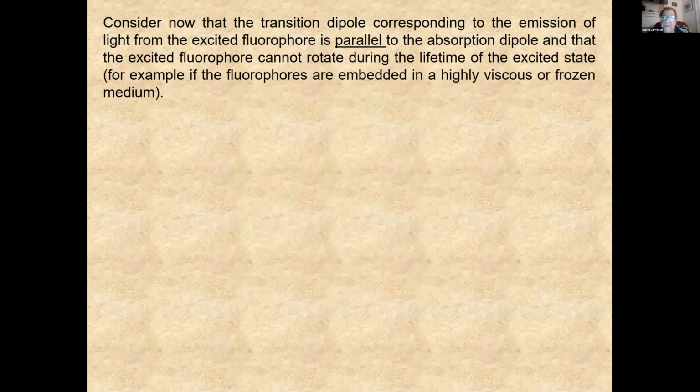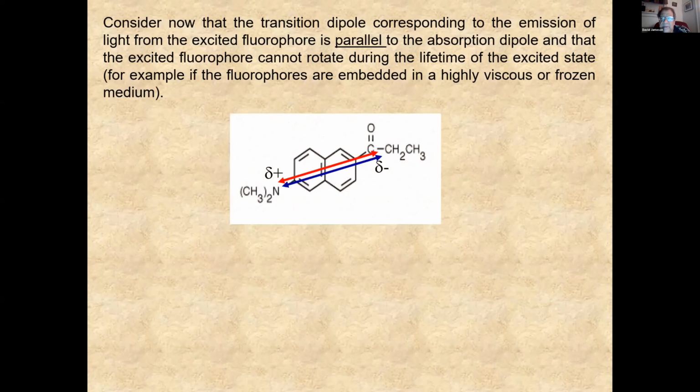Okay. Now, let's consider first that the transition dipole from the emission is parallel to the absorption dipole. So I'm showing it here, where blue is the absorption dipole, and then the emission dipole, when the dipole collapses and light is emitted, that has a directionality also. And let's think first, it's parallel to that. And also we assume this molecule can't rotate during the excited state.